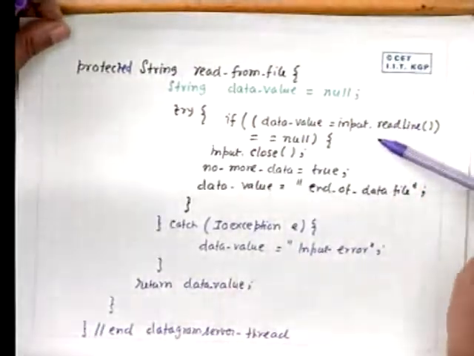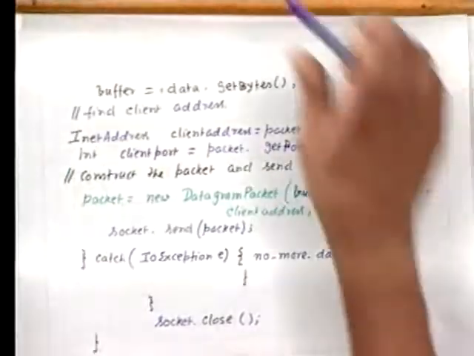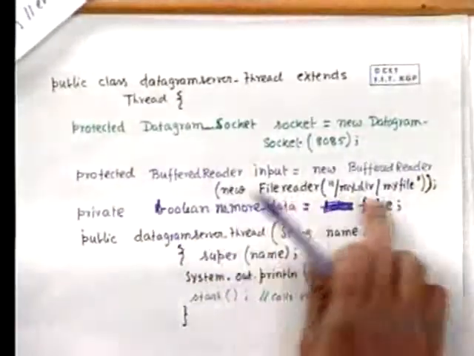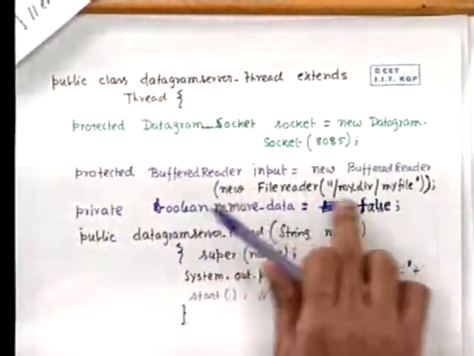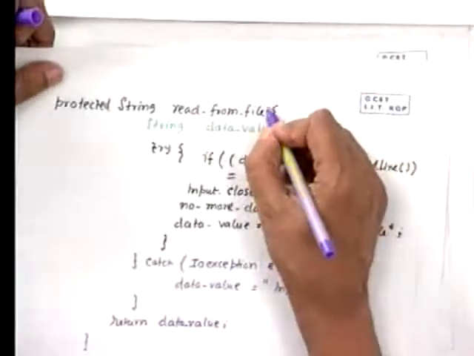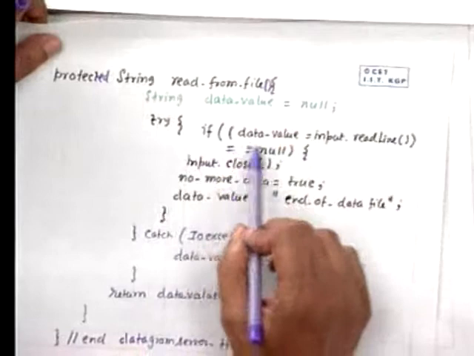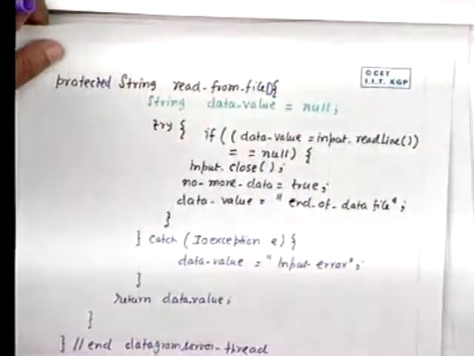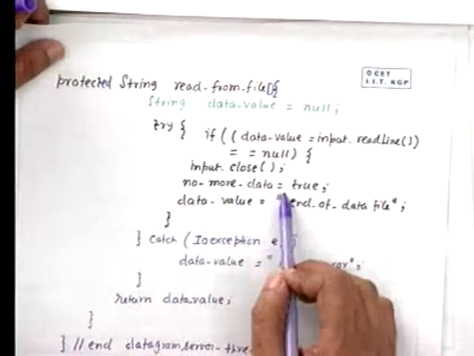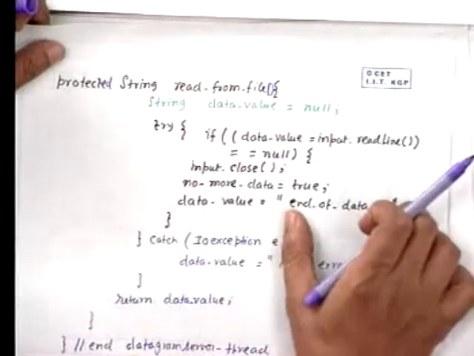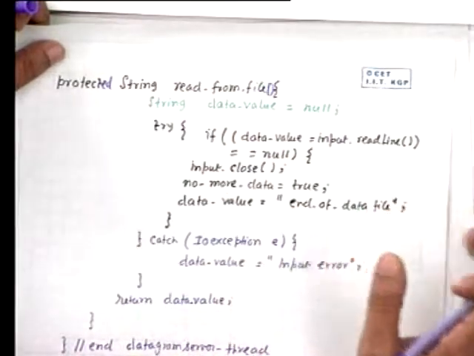Input is, as we have declared earlier, a buffered reader, in which it is reading from a file. If the data value is null, then you just close the input, since there is nothing to be read, and you set noMoreData to true. Otherwise, the data value is what will be returned. So, end of data file.